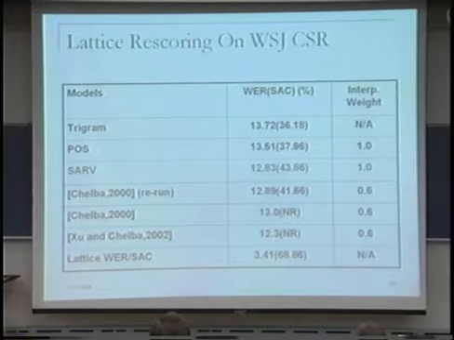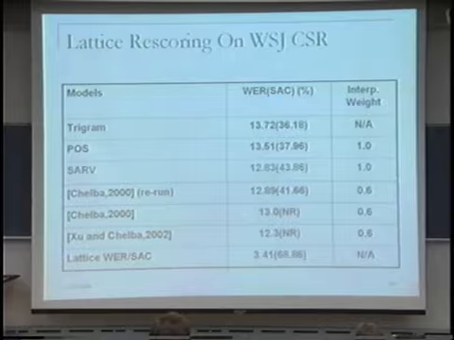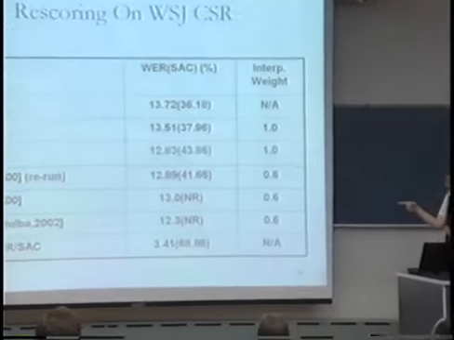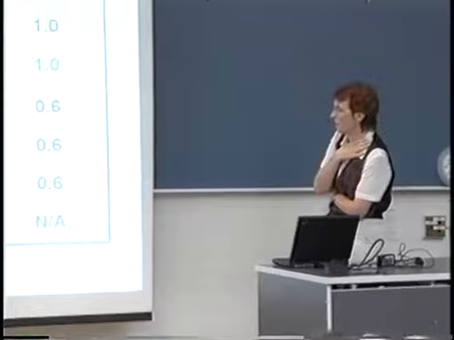These were all done with the lattices that Ciprian provided. So everybody evaluated on that in this particular case. And the lattice accuracy that you can get is essentially 3.41 word error rate.